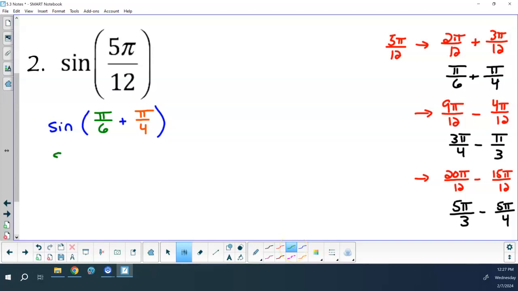That's going to be the sine of pi over 6, cosine of pi over 4.